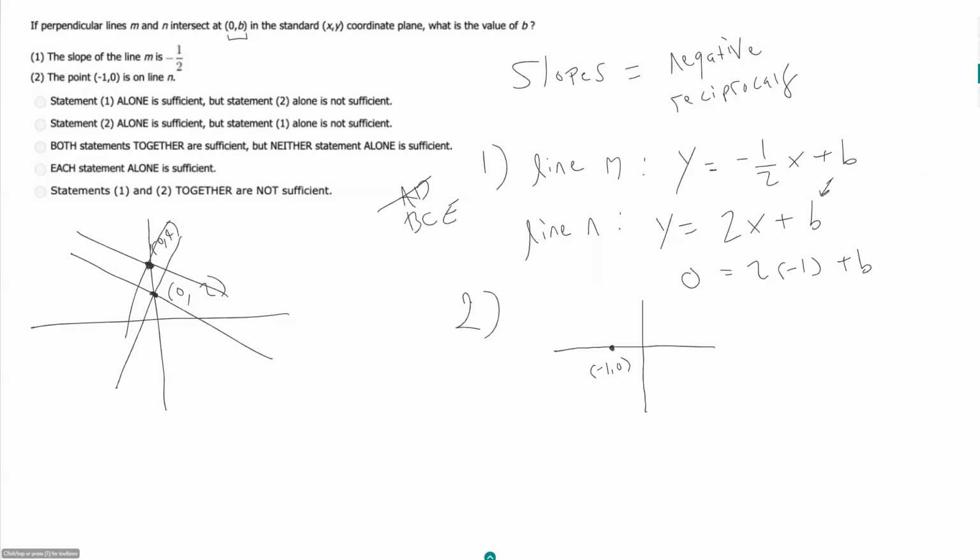Remember, these two b's are the same b because they share a y-intercept. And so here I'm able to solve for b, and together they are sufficient. So 0 is equal to -2 plus b. B is equal to 2, which, what do you know? The one I came up with ended up being the answer. C.